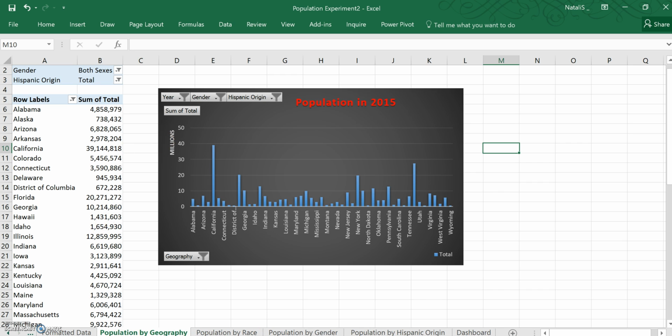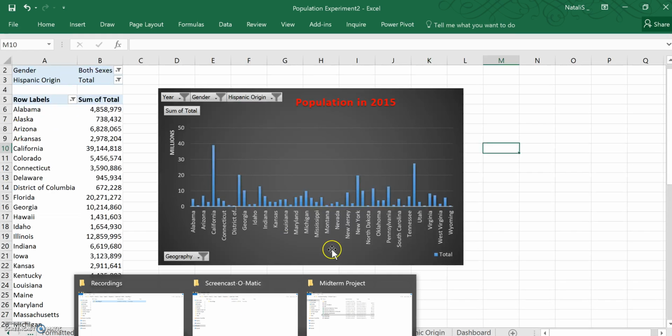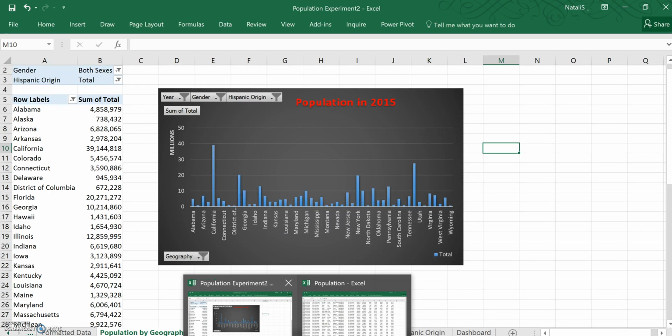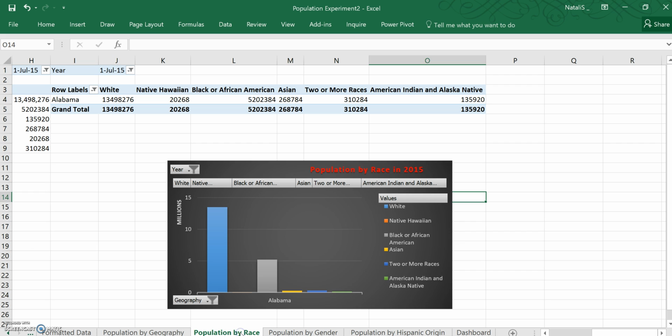The next pivot table I did is population by race. So I took the data from different states and combined them in a row with the races. I added a filter by year.